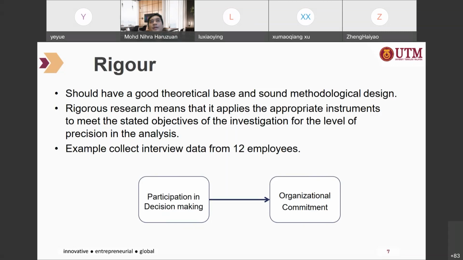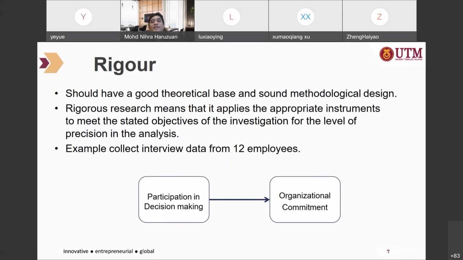People can see that there is a hole in your research. To avoid that, you need to have rigor in your research. Rigorous research means it applies the appropriate instrument to meet the stated objective of your investigation, for the level of precision in the analysis.